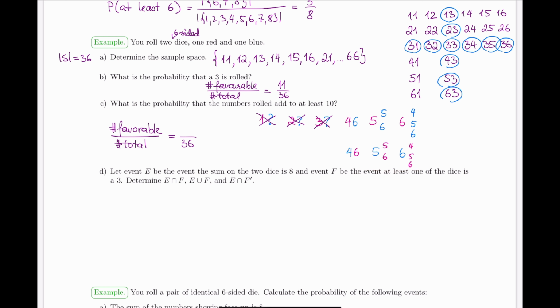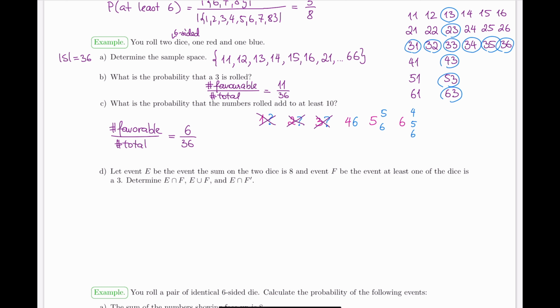So I can simply take this out. This did not need to be counted, and count the favorable outcomes here. I have 1 possibility, 2, 3, 4, 5, and 6. So the number of desirable outcomes here is 6.